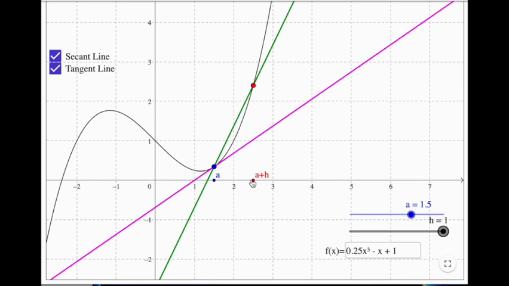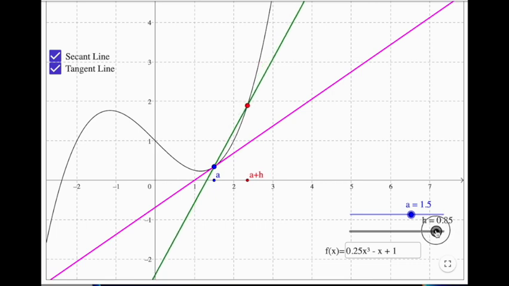Now, if we take the limit as h goes to 0, that's going to help us define the instantaneous rate of change. So I'm going to use this slider right here. Right now, the distance between the 2 points is 1, but I'm going to close that distance in and make it smaller and smaller by using this slider. Now look at the value of h.